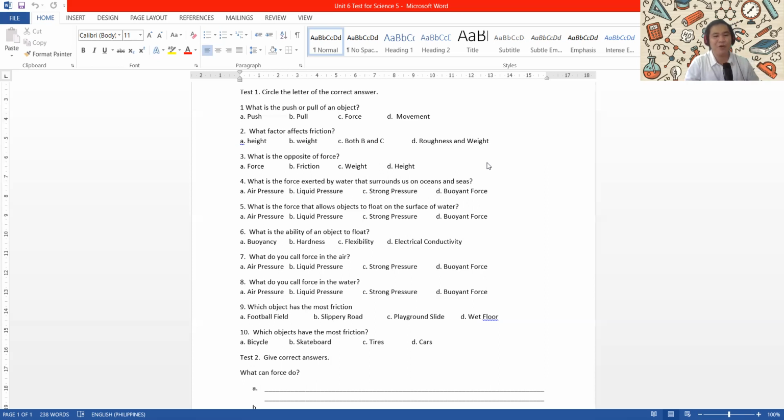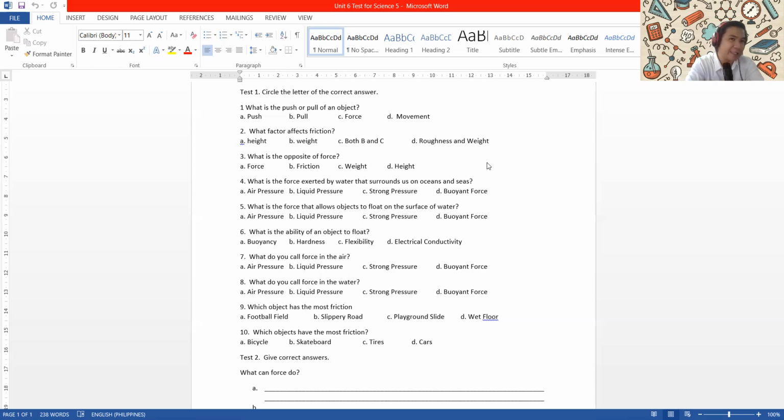Now, number 9, which object has the most friction? Is it A, a football field? Is it B, a slippery road? Is it C, playground slide? Or is it D, a wet floor? Which object has the most friction? Remember that friction is affected by the roughness and the weight.